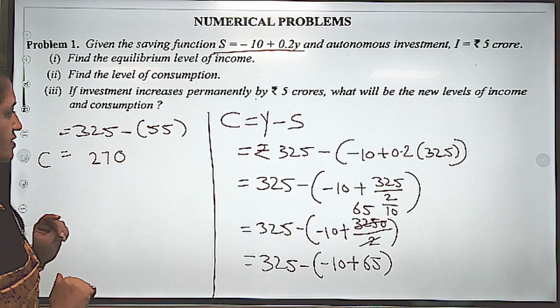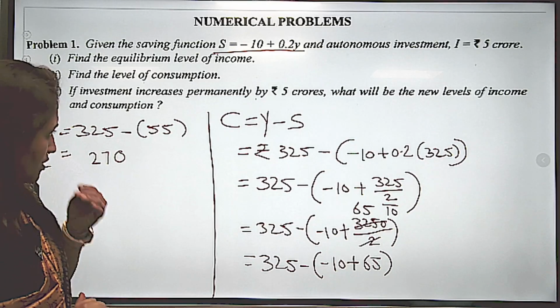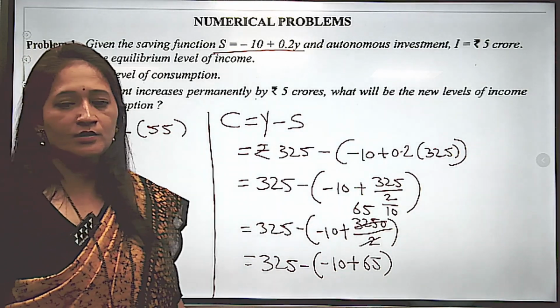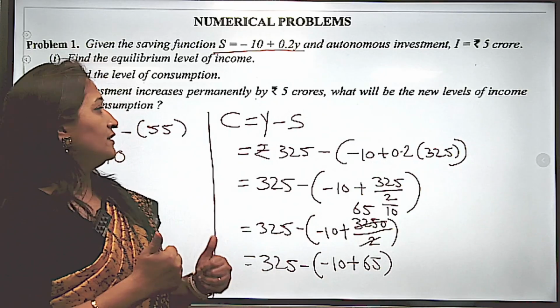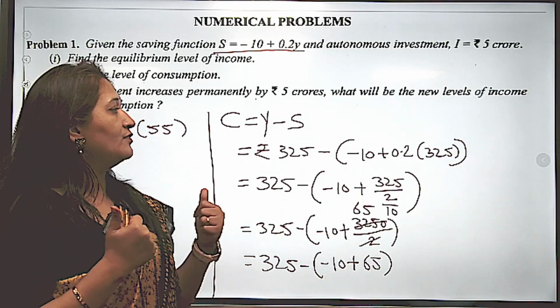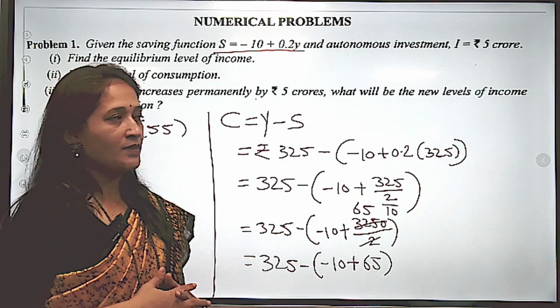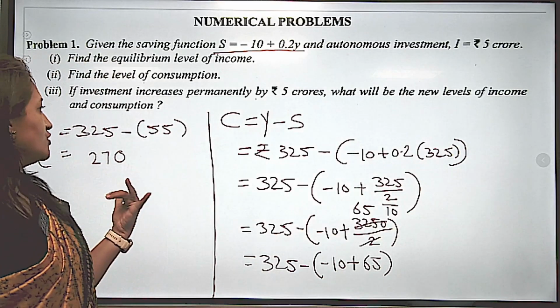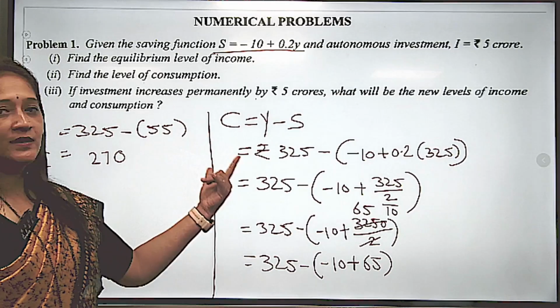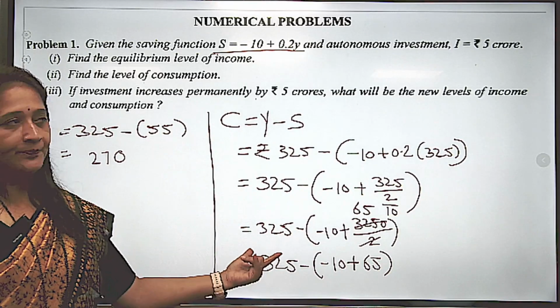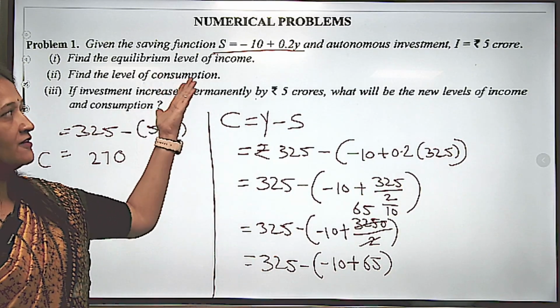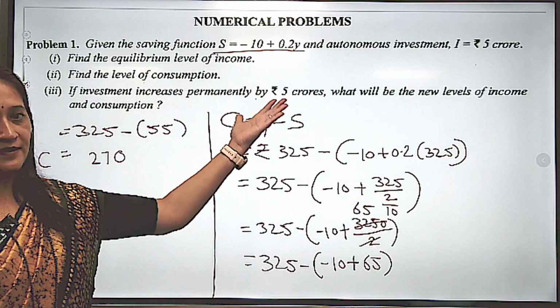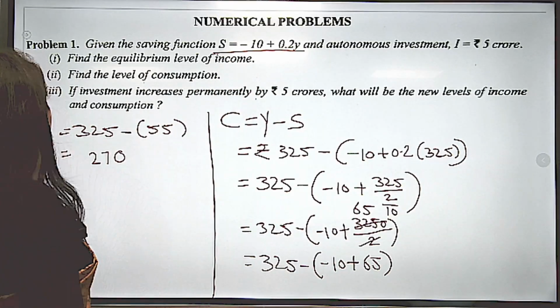So the new consumption will be 270 crores with the new income of 325 crore. So this is how we have done the calculation of consumption as well as equilibrium level of income with the help of the saving function and the data on investments.